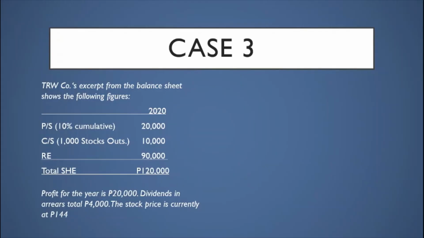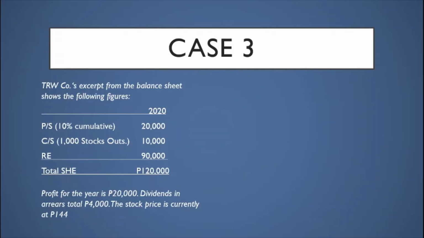Retained earnings, 90,000 pesos. Total shareholders' equity, 120,000 pesos. Profit for the year is 20,000 pesos. Dividends in arrears, total 4,000 pesos.